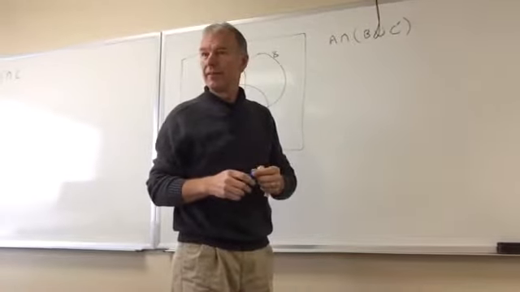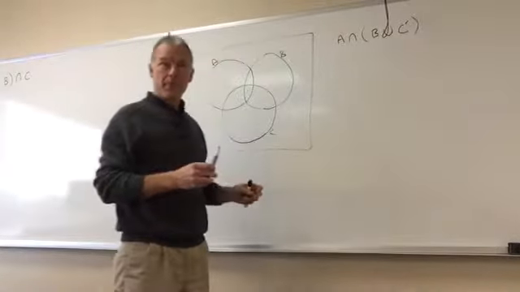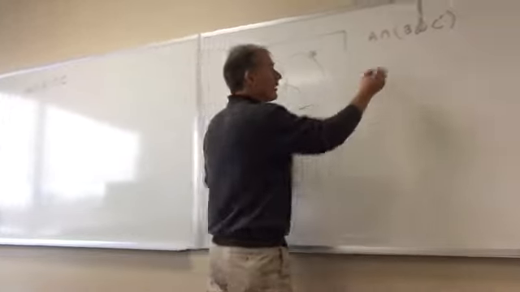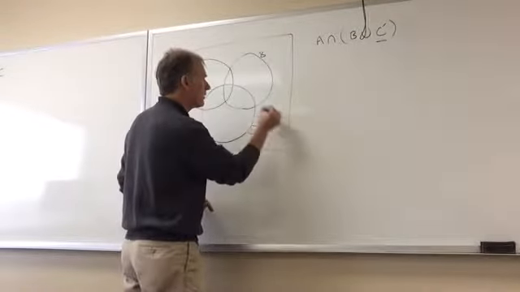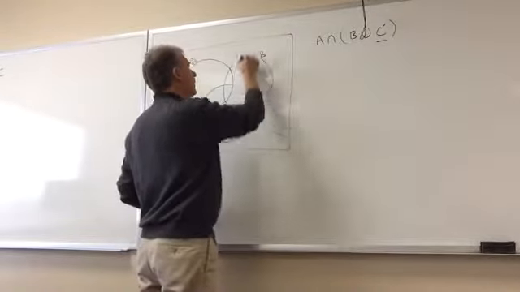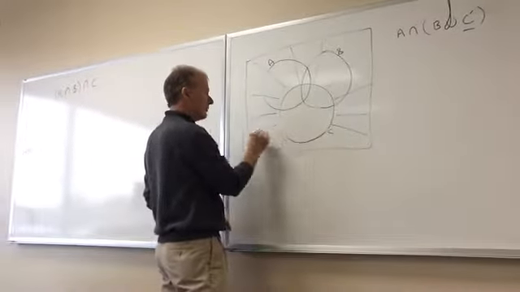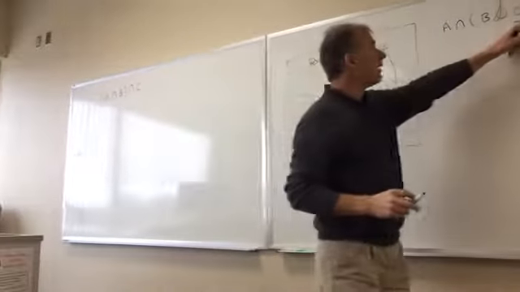A and B, but not C. No, it's the universe. It's everything. Yeah, it's everything but the circle C, okay? So if I were just trying to work on this part right here, it would be everything out here. Okay? So we have this part right here.